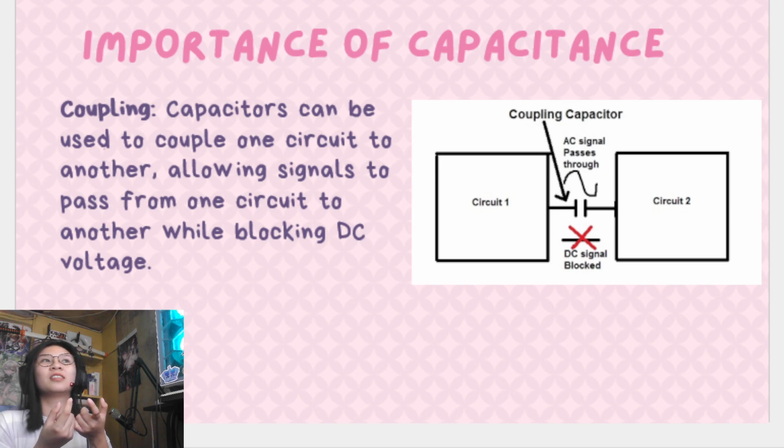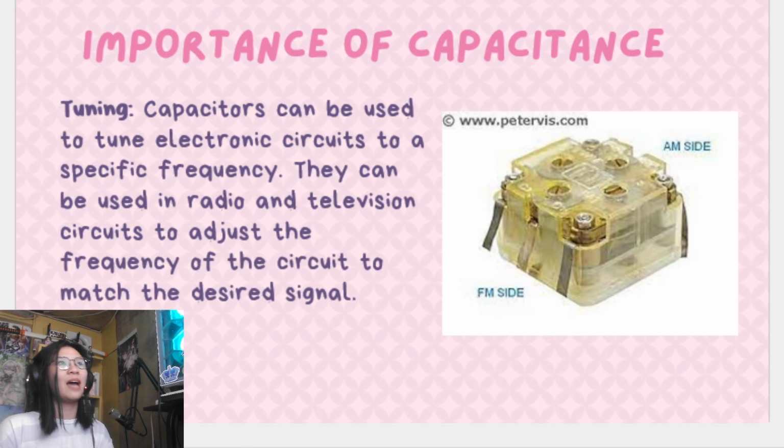Therefore, like ganina, nag-filter siya na pwede ra AC ang makapass through pero ang DC dili. So, mura siya filter pero nag-couple pod siya sa duha ka buok or two or more circuits. Okay, so next is we have the tuning.